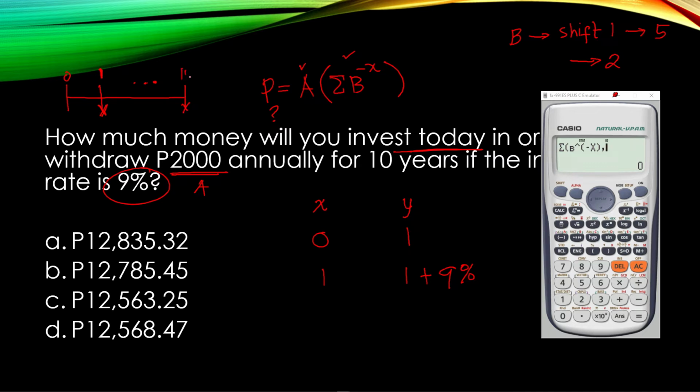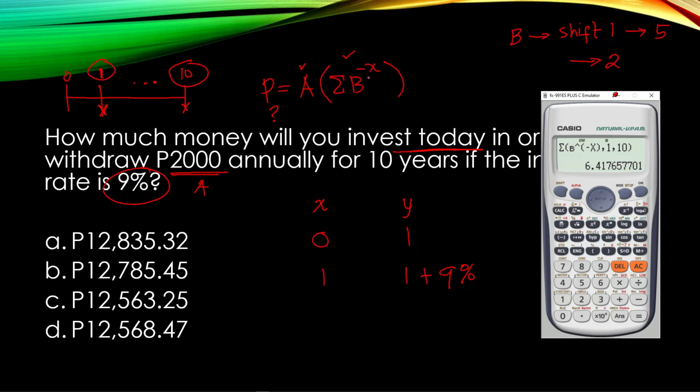Ito siya. Okay, so, kumbaga, yung lower limit natin is 1, yung upper limit natin is 10. Lagay natin 1, 10. Okay, close. Then, press lang natin yung equal sign, magbibigay siya ng answer ng summation of b raised to the power of negative x.